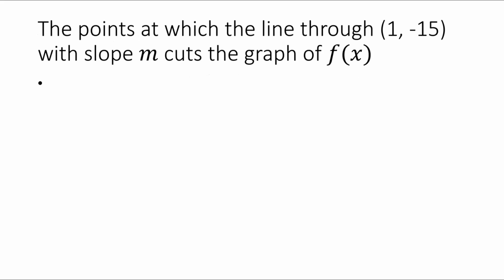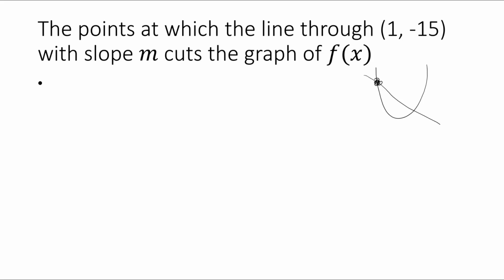Part C. Now this says find the points at which the line through 1, negative 15 with some unknown slope cuts the graph. Okay, so at this stage let's suspend belief about what we've seen in the original graph. So we've got a parabola, we've got a point there.